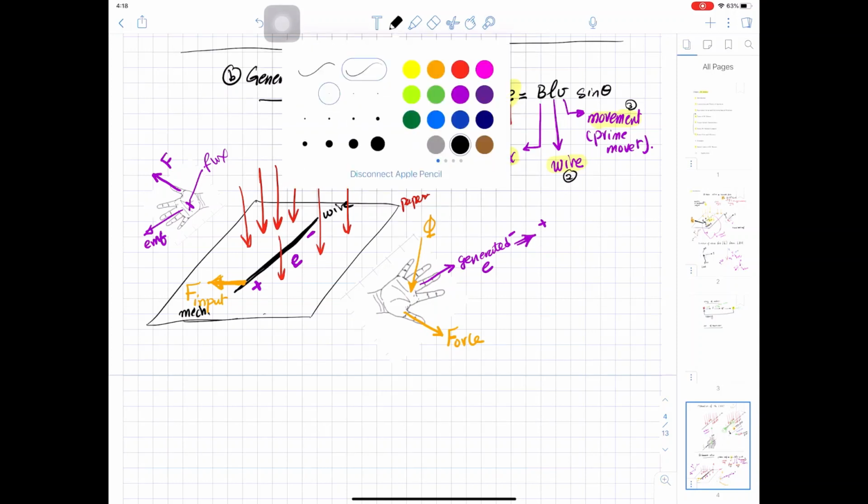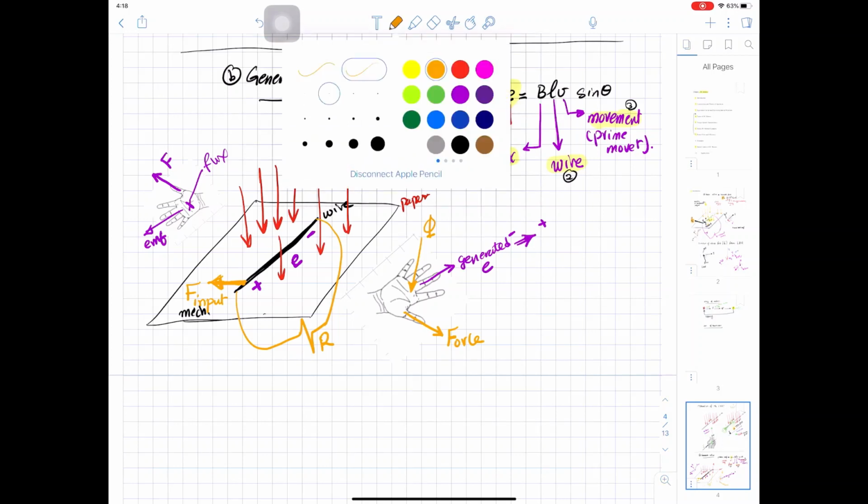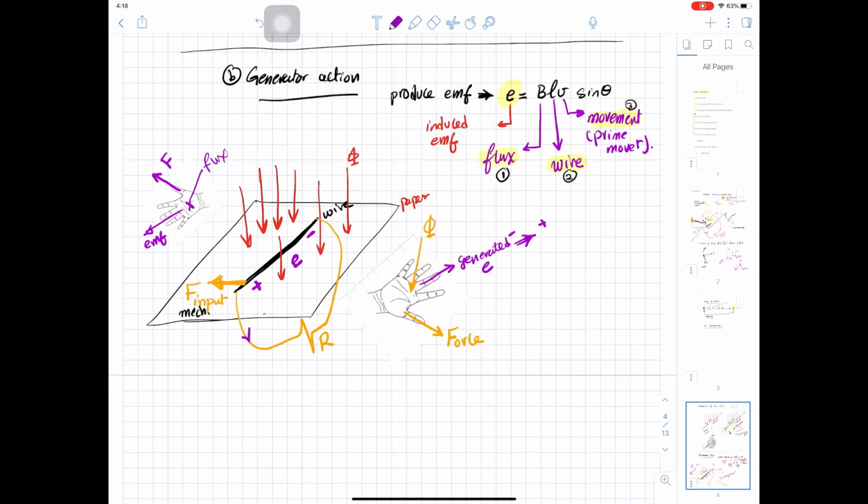Now if you close the circuit with a resistance R, which is the load on the generator, this E will circulate current I. So there is I going from this E, because E is the source here in the circuit. Now you will have the motor action too, because you have I, you have phi, and you have a wire.